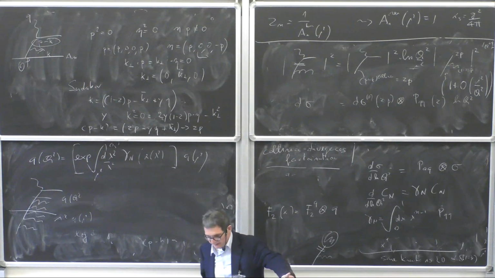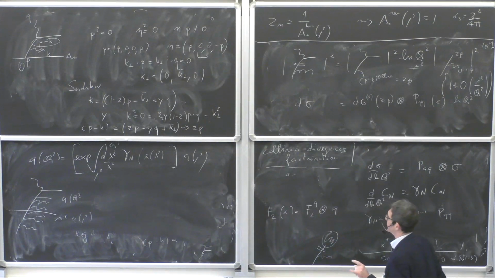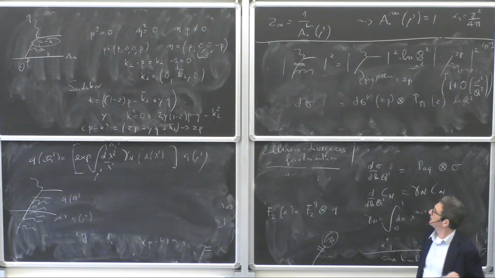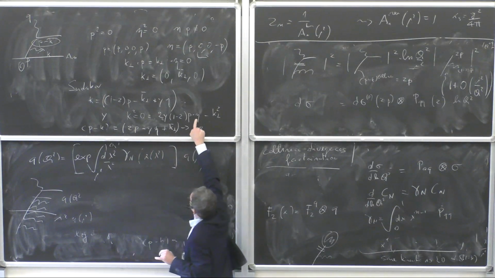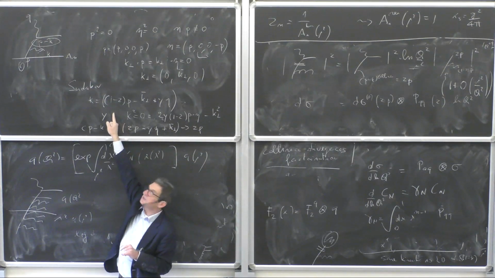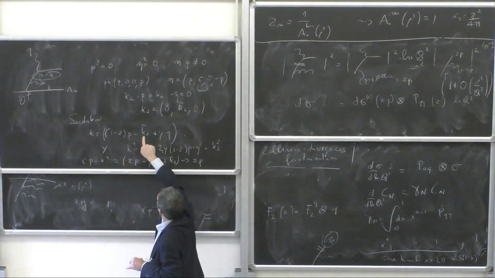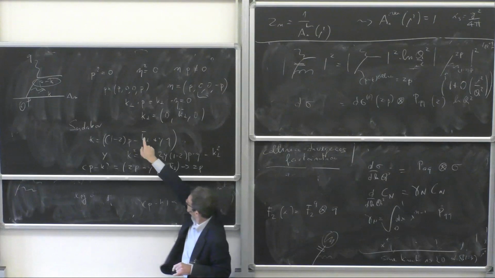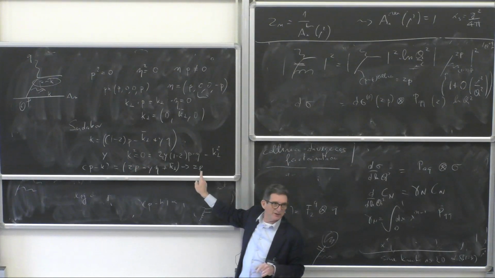And since Alessandro asked the question, let me just make a little comment. So Alessandro asked what about the soft limit? So soft limit means that not only here I have k perp going to 0, but I also have z going to 1. If z goes to 1, you see k perp going to 0 means k is becoming collinear, which means p minus k is becoming collinear to p.